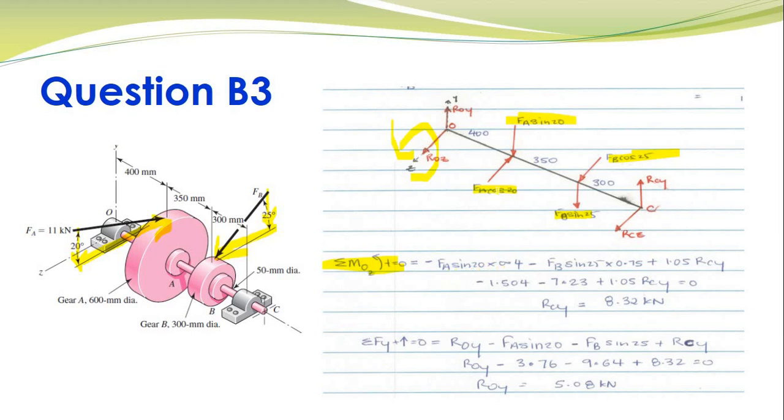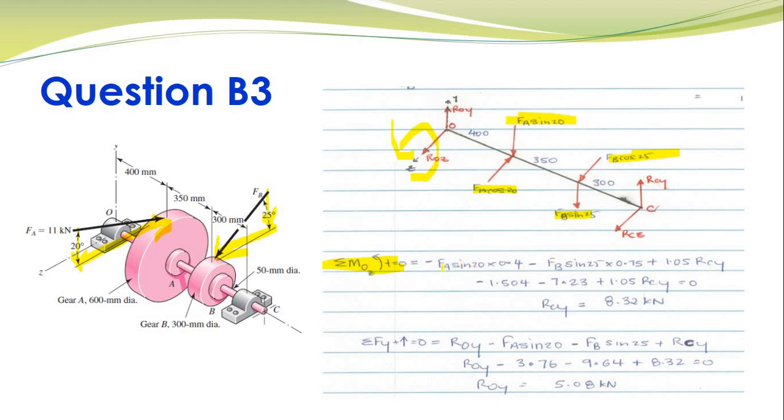So negative Fa sine 20 times the distance, which is 0.4, minus Fb sine 25, which again causes a clockwise moment, so negative Fb sine 25 times the distance from O, which is now 0.75 meters. Finally we have ROY, which causes a moment in the counterclockwise direction, so this is positive. The distance of ROY from the origin at O is 1.05 meters.